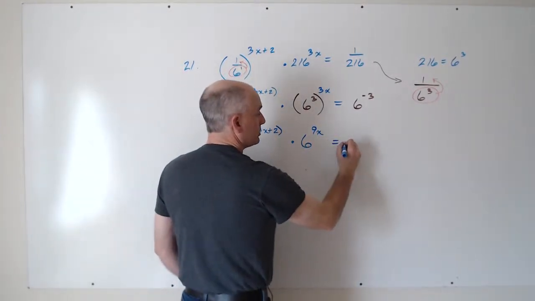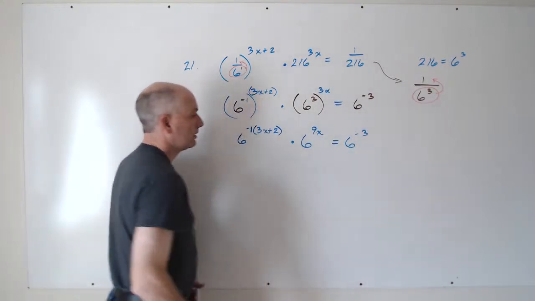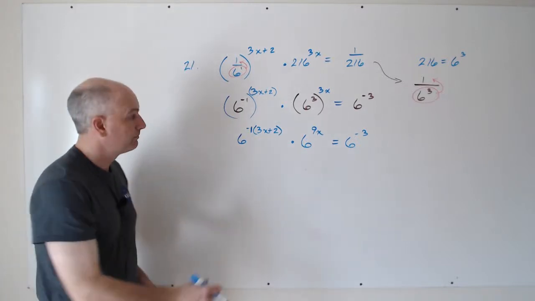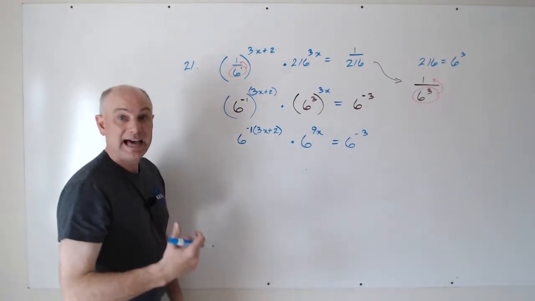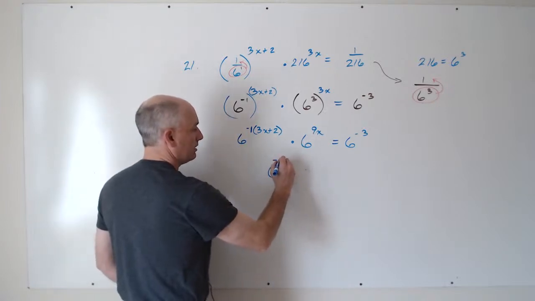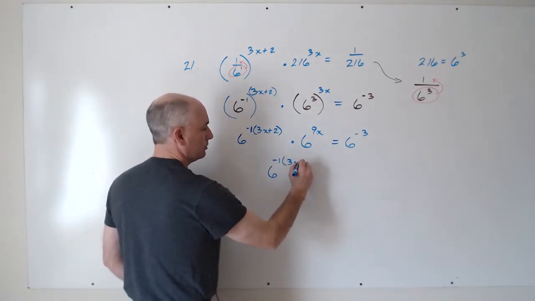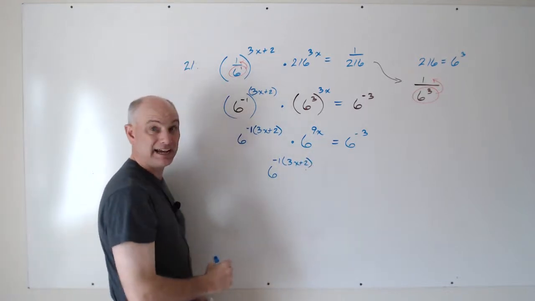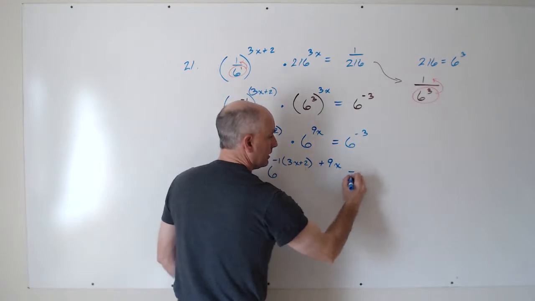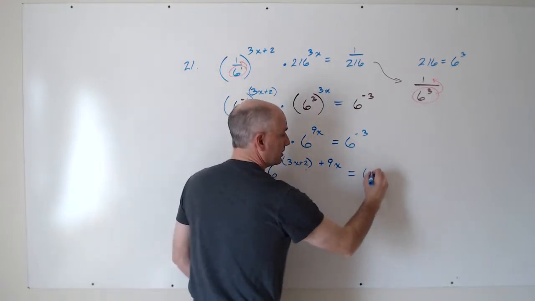And then that is equal to 6 to the negative 3rd power. So now from here, I just have to keep in mind what happens. In these, I add them. So I could argue that this would be 6 to the negative 1 times the 3x plus 2, but I'm adding the 9x. And that then is equal to 6 to the negative 3rd power.